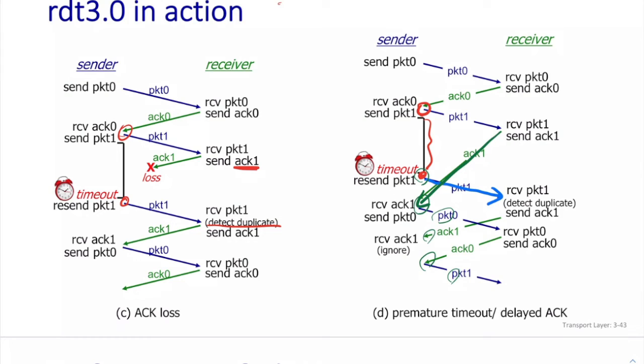And again, at the receiver side, when it receives packet 0, send ACK 0, get packet 1, send ACK 1, and for a duplicate packet, send the corresponding duplicate ACK. So the rule is still very simple. Okay, simply follow it.